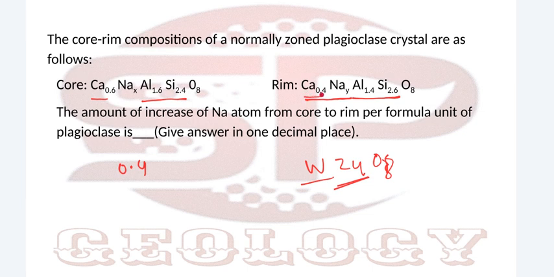And if calcium is 0.4 here, then sodium will be 0.6, because they should add up to 1. So initially it was 0.4, now it has increased to 0.6. So the amount increased is 0.2. The answer will be 0.2.